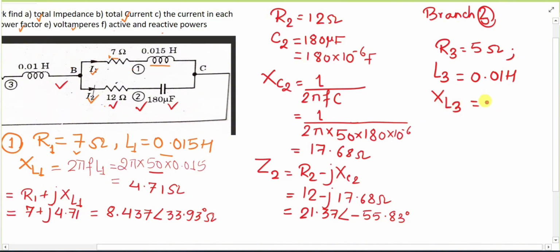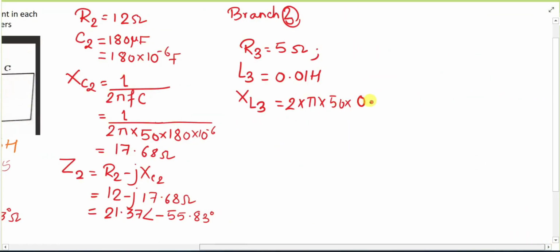Since we are not provided with the inductive reactance, we have to find it. Now write the formula. Calculating, you will find that it is 3.14 ohm. Once you identify this, your Z3 is also ready.